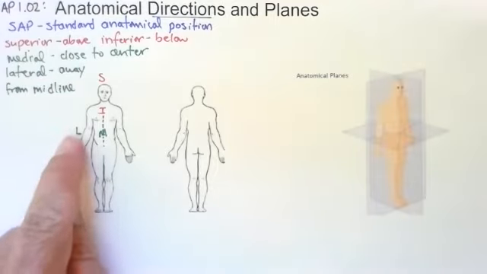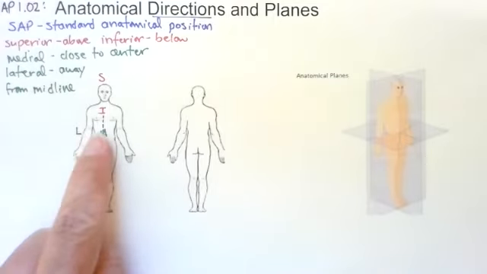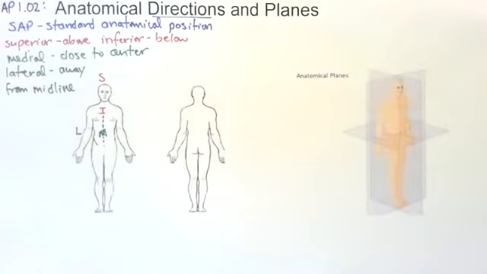So the elbow is lateral to the belly button. The belly button is medial to the elbow. Anything that's close to this midline is medial. If we're looking at a knee, if you injured the medial side, you injured down in here. And if you injured the lateral side, you injured out here.